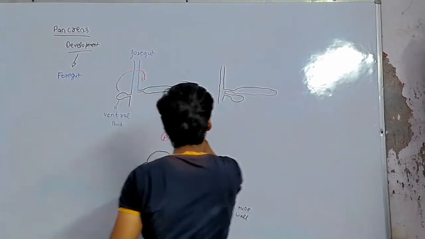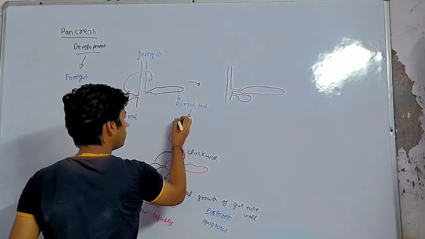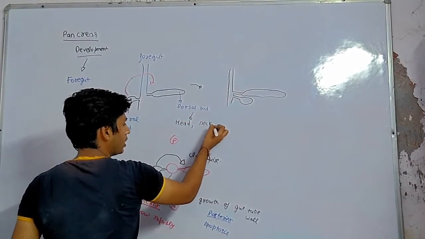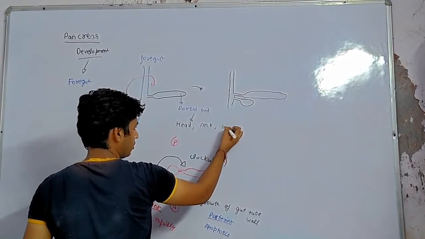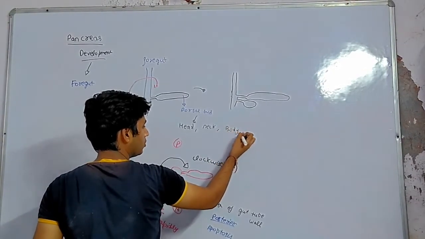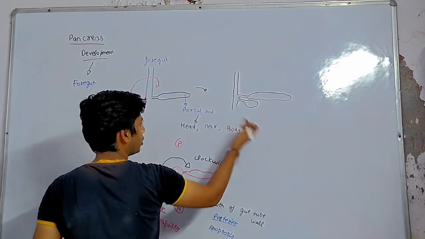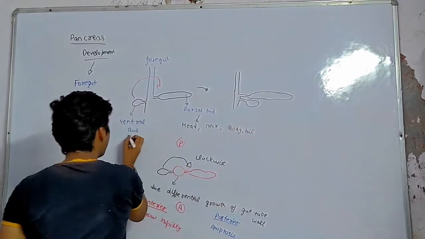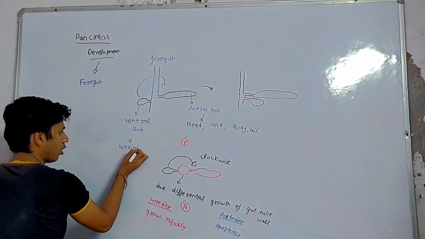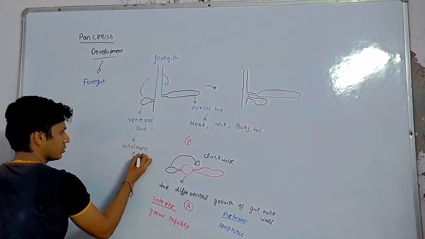This dorsal bud forms which parts? Head of pancreas, neck, tail, head, neck, body, and tail. All these are formed by the dorsal bud, and the ventral bud forms only the uncinate process of the pancreas. Uncinate process.